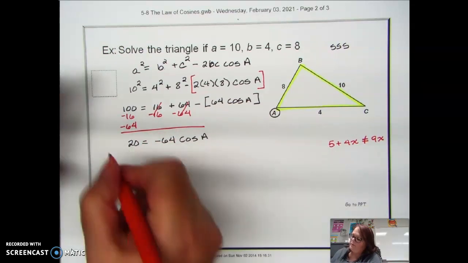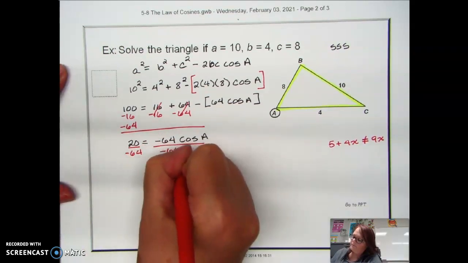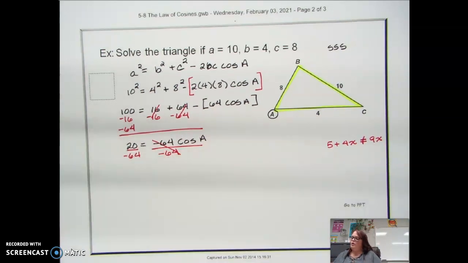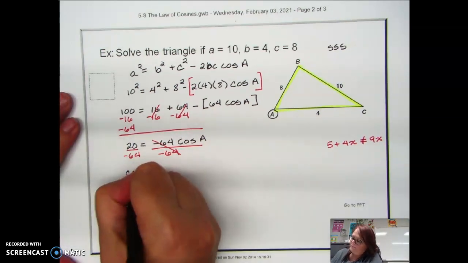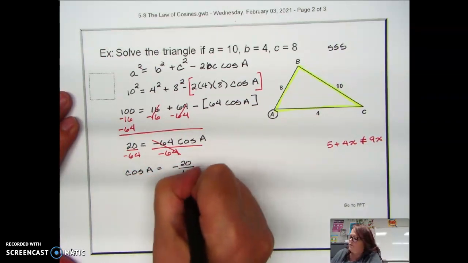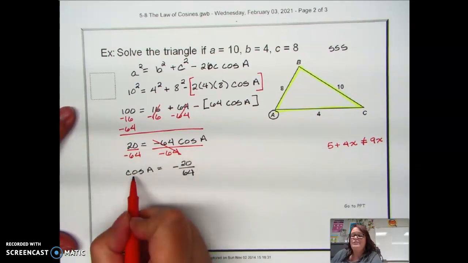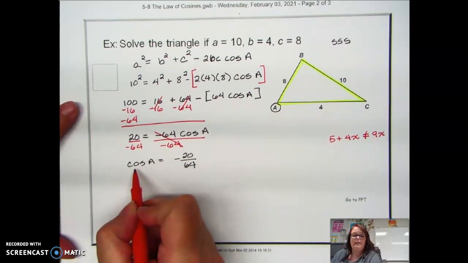So then if we divide both sides by negative 64, we get cosine of a is equal to negative 20 over 64. And so then remember, we can't divide by cosine because that would be like dividing by addition.